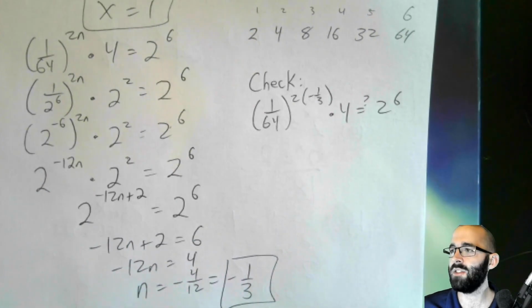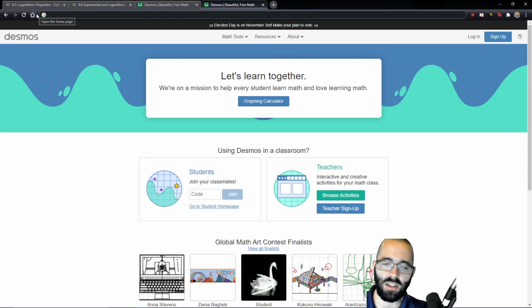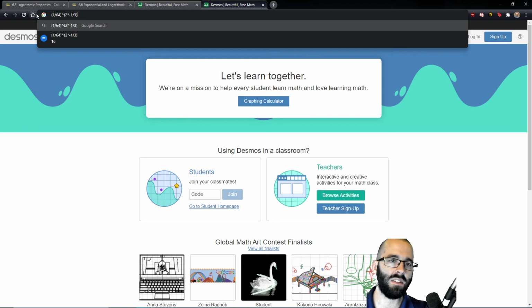All right, we're going to use a calculator. Google, help us. We have 1 over 64 raised to the 2 times negative 1/3 times 4. So Google says that's equal to 64.